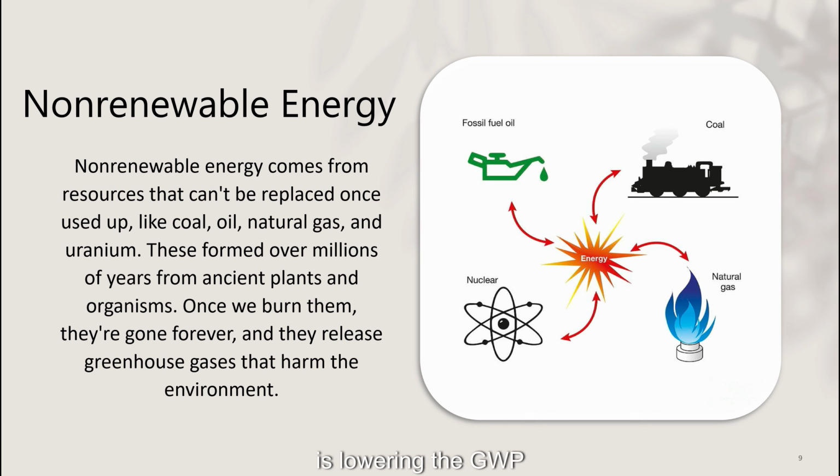A2L is lowering the GWP, which basically means that we have less greenhouse gases going into the environment, right? Our predecessors had a higher GWP, or global warming potential, that allowed more heating to occur throughout the environment. So that's why we made that switch. Yet again, over here, looking at the diagram, we've got just a few examples of the different types of energy that we just can't replace. Once we burn it, we use it, it's not coming back.